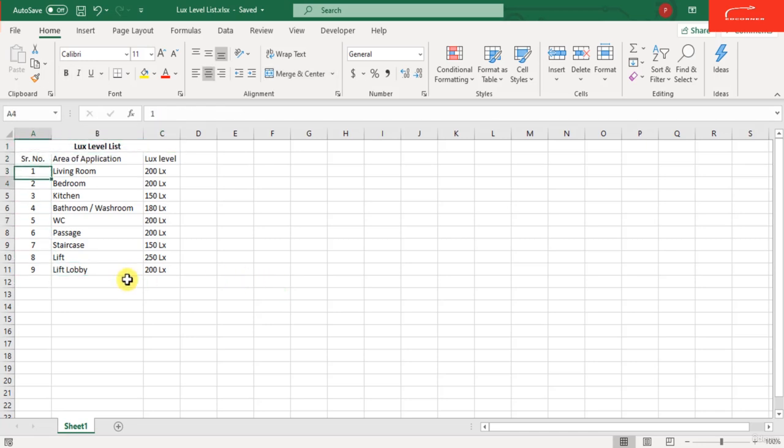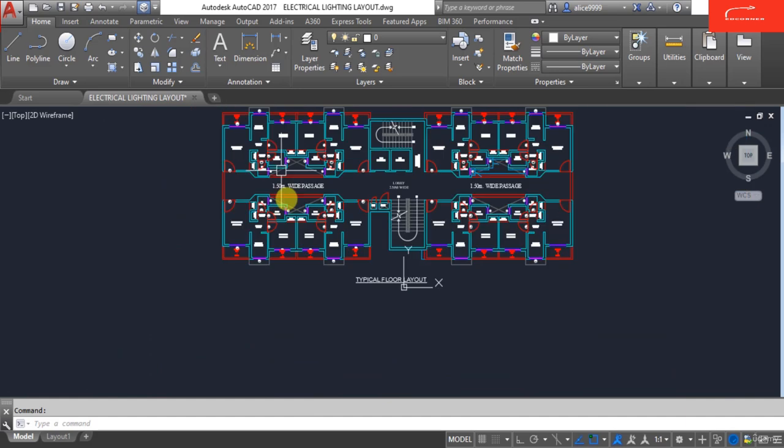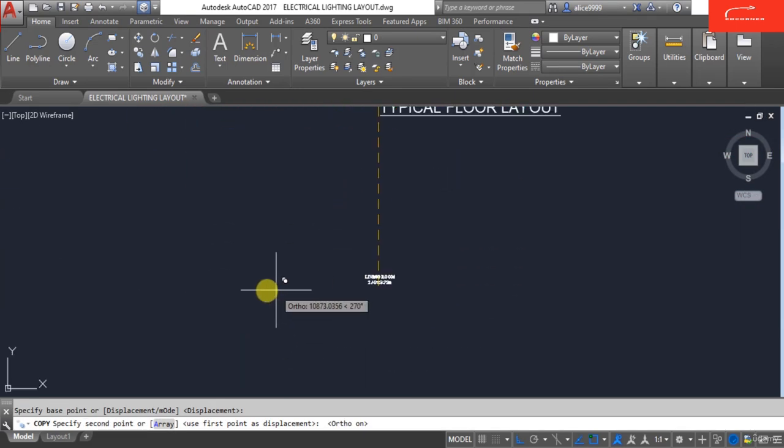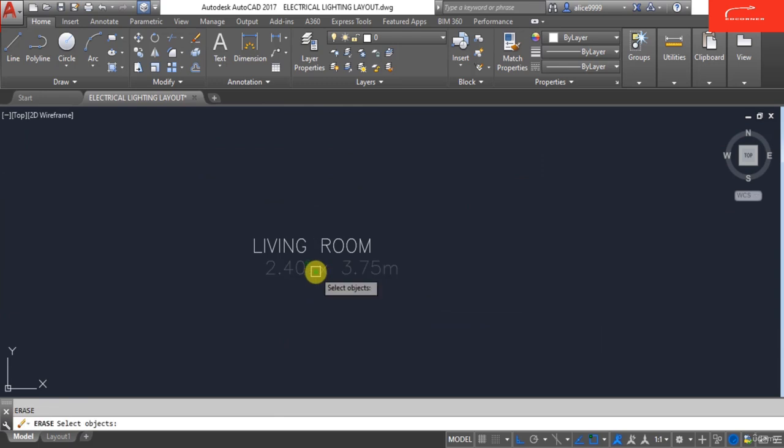So I have saved this list. Now I will calculate the lumens output as per this list. To calculate the lumens output, this is the formula.